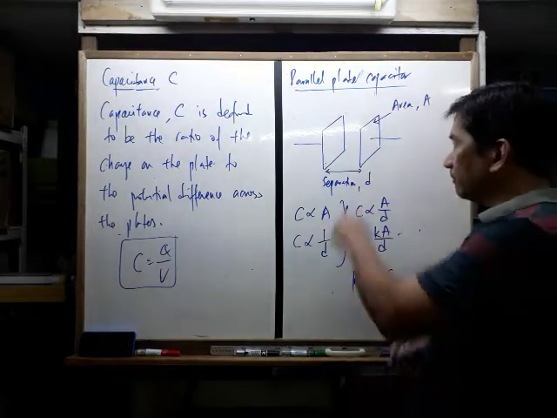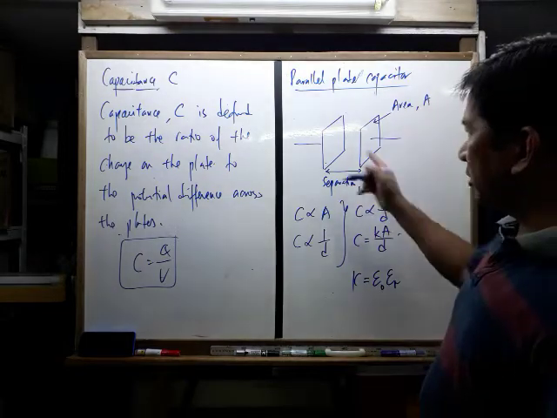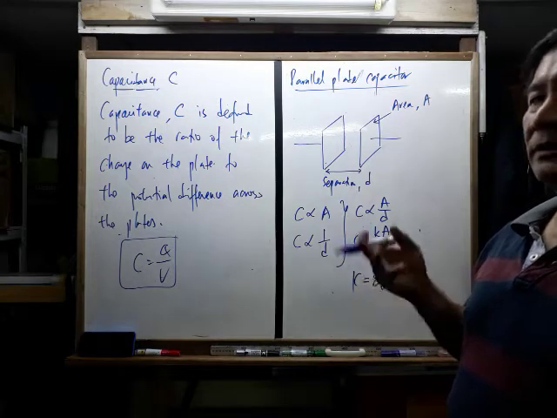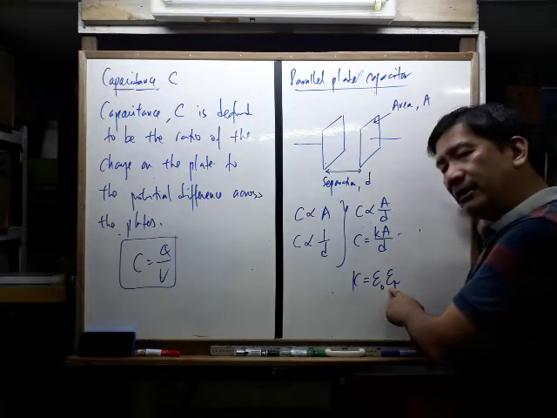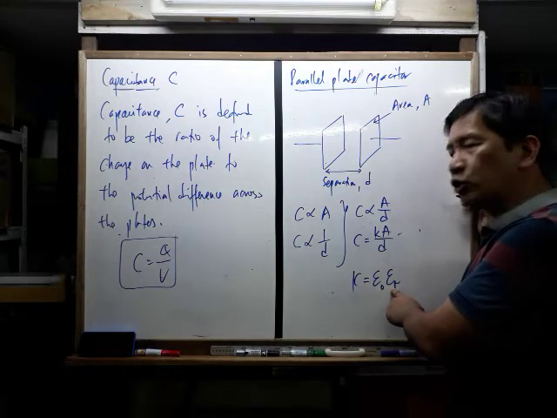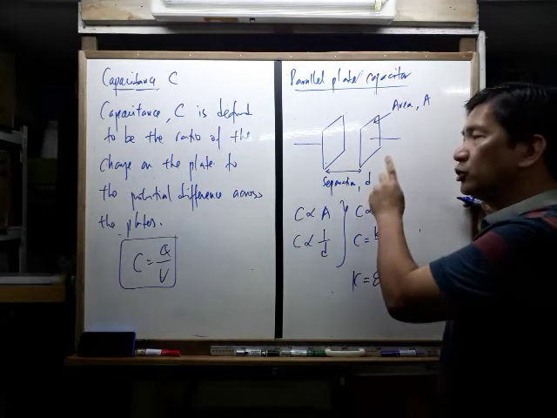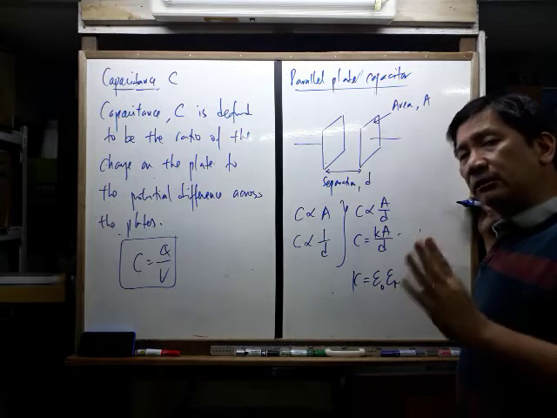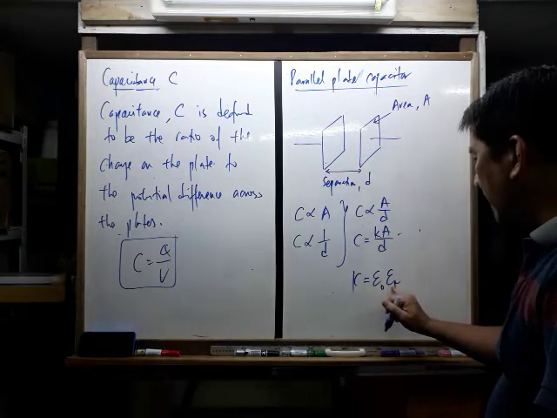For the relative permittivity of the medium inside there, another concept is involved, which is called the dielectric. All this value depends very much on what material you put in between the parallel plates, so that the capacitance of the capacitor can be changed. So that is our epsilon R.